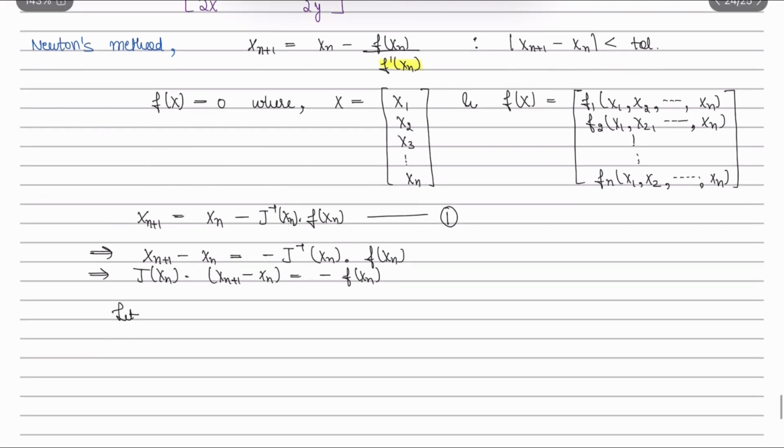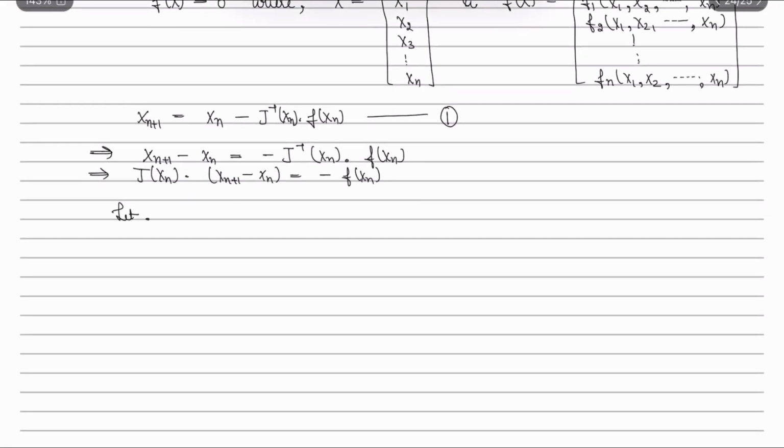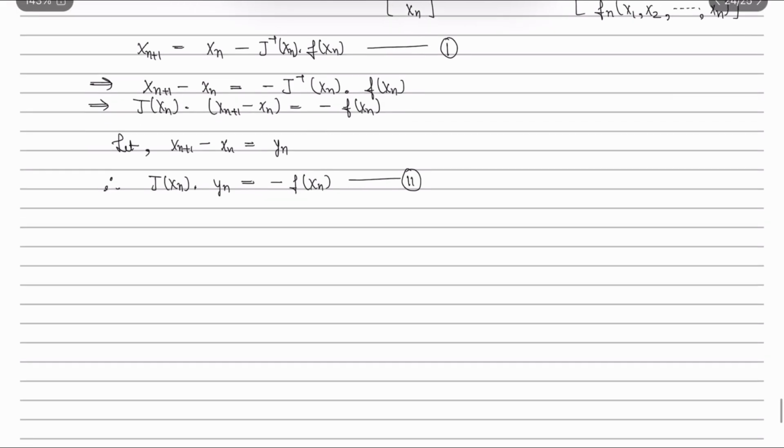Let xn plus 1 minus xn be my yn. Therefore, this equation becomes Jacobian of xn into yn is equals to negative of f of xn. This be my equation number 2 and will be used as the iterative process for the Newton's method for non-linear equations. Let us understand this method with the help of an example.